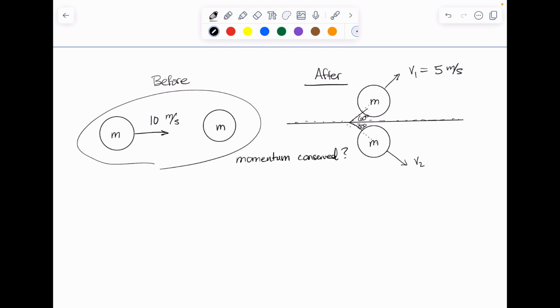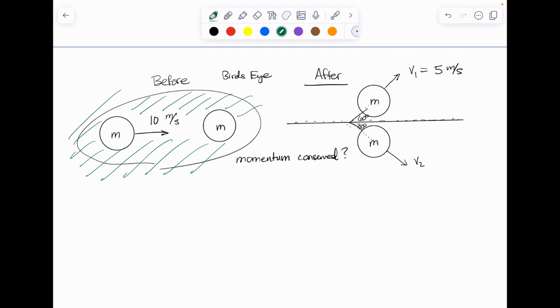And keep in mind, this is like a bird's eye view, right? Where there's a billiard table under these balls. So even the force of gravity pulling the balls, that would be going into the screen. There's a normal force coming up out of the screen towards your face right now. So the net force, basically, is zero on this system, right?